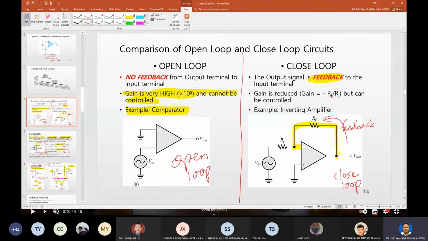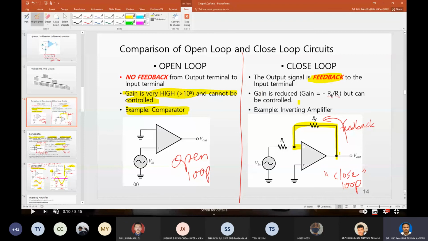So if you apply this type of circuit, we refer to this as a closed loop circuit, and there is a reason why we want to do feedback, because if you do feedback, now we have the ability to control the gain.